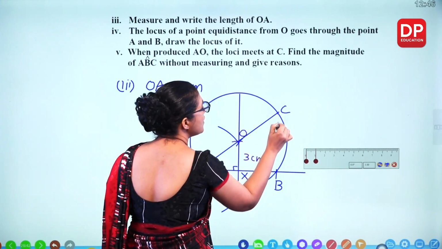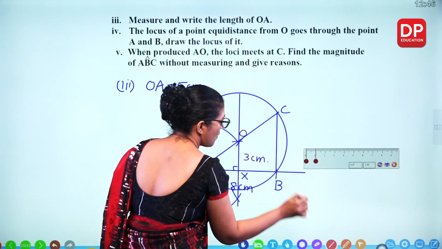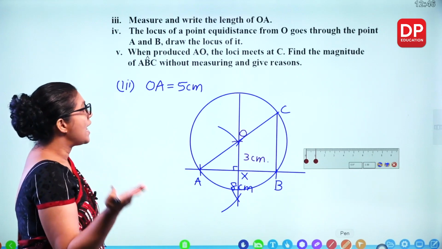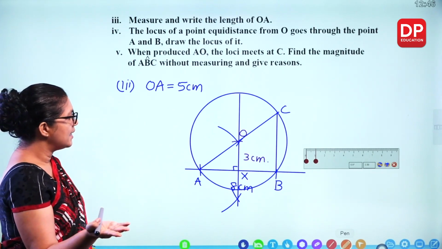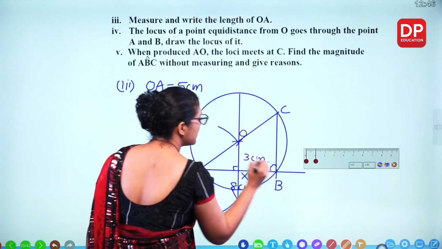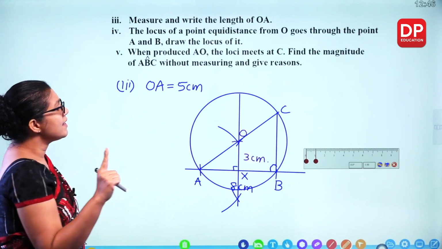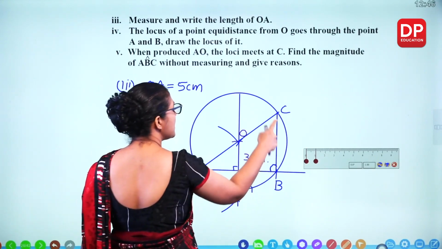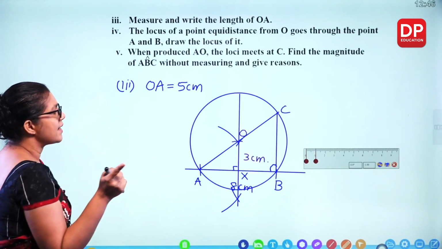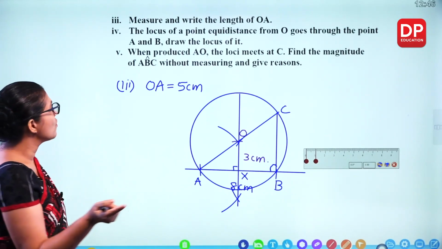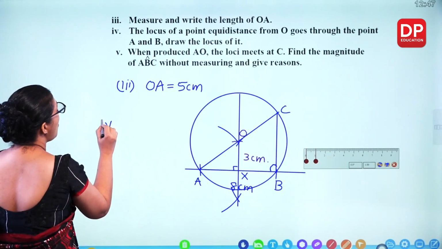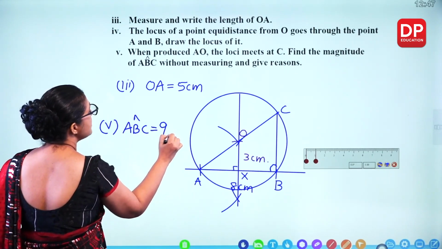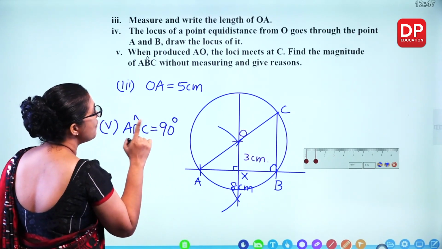What can you say about these two? We know O is the center, so AC is the diameter. So what is this angle? ABC angle is 90 degrees because this is a semicircle. Semicircle angles are always 90 degrees. So you can write down without measuring, ABC angle is 90 degrees, and give reasons.